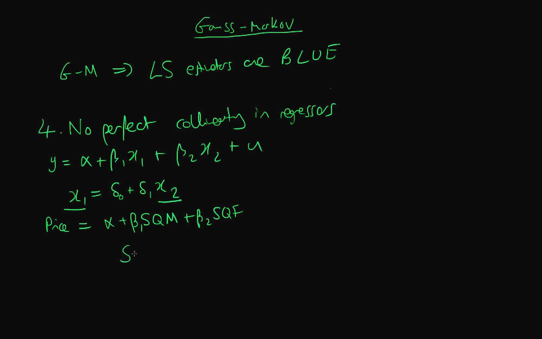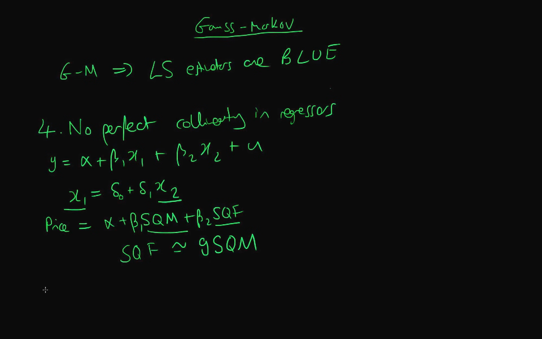They're both exactly the same thing. Square footage is basically equal to 9 times the square meterage of the house. So in a regression, I'm going to have a hard time unpicking the effect of square footage from square meterage because they're exactly the same thing. And the assumption of no perfect collinearity in regressors means that I cannot include both of these in my regression.